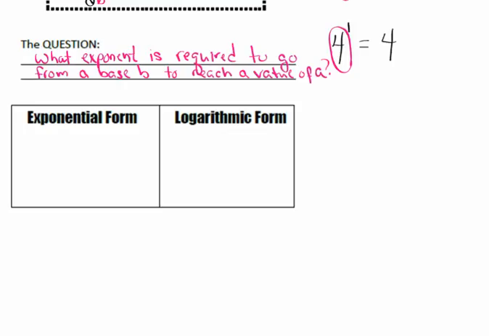We have to have a way of undoing exponential equations. So this is just a way of undoing a function. So we have the base raised to an exponent is equal to the answer.